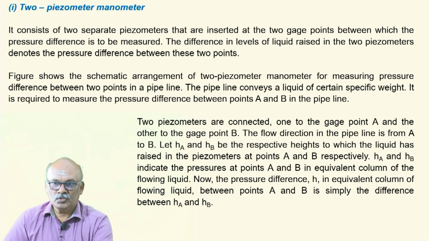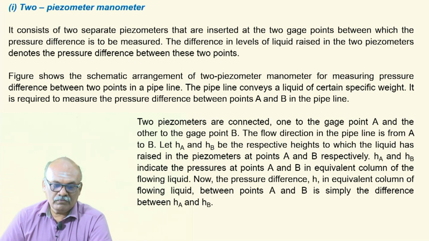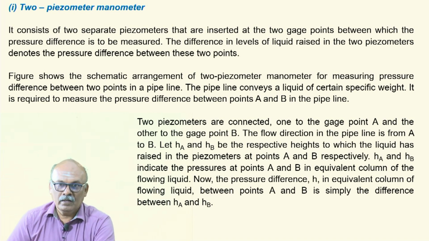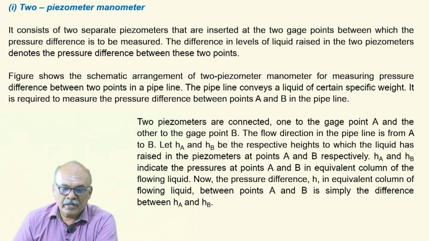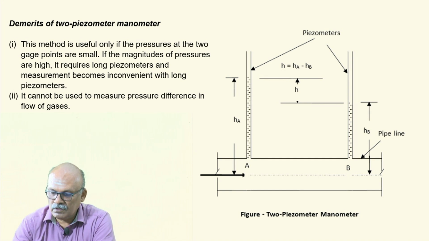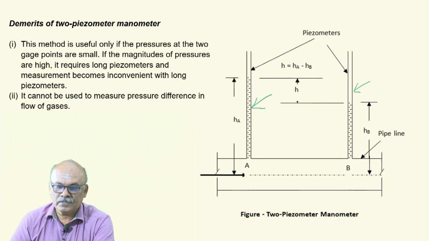So the first one is the 2 piezometer manometer. It consists of 2 separate piezometers. Piezometers we discussed in the previous module as the simplest form of manometer, which can be used to measure the pressure at the gauge point. So this is one piezometer, this is another piezometer, 2 separate piezometers.